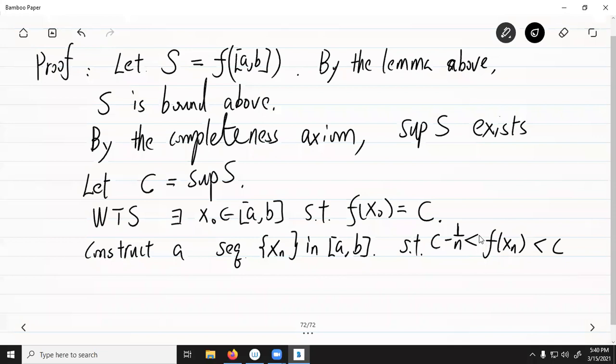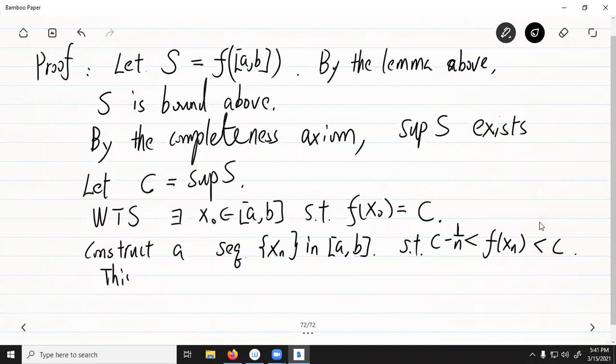Then you form a sequence, and F of this sequence is greater than C minus 1 over N, but less than C, no problem, because C is the supremum, right? So we just use this sentence to describe how we construct the sequence. The sequence must exist, right?